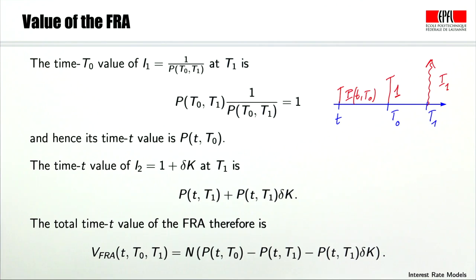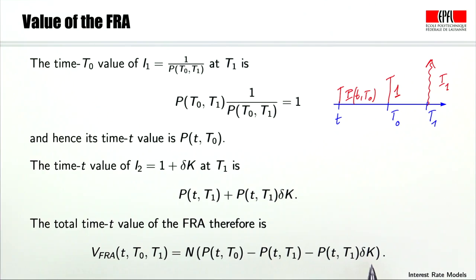So the total time small t value of the forward rate agreement therefore is given by the difference of these two expressions that we have here on the right hand side, and we call the value VFRA.